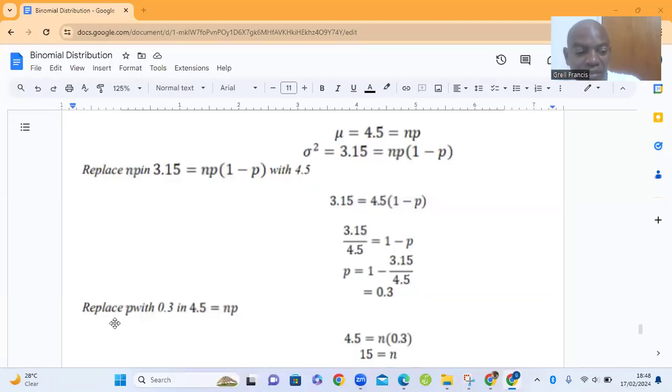And here we have it. If we replace P with 0.3 in 4.5 equals NP, we have 4.5 is equal to N times 0.3, and we divide by 0.3 on both sides, we get N is equal to 15. So now we have N and P, we can find the probability of at least 3.